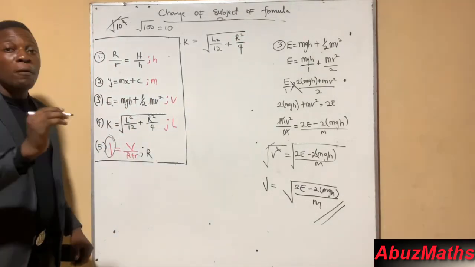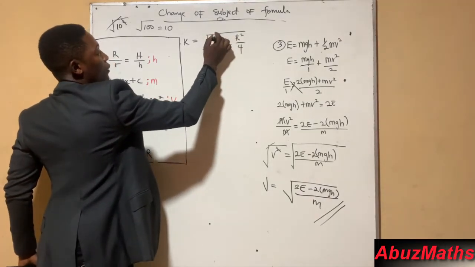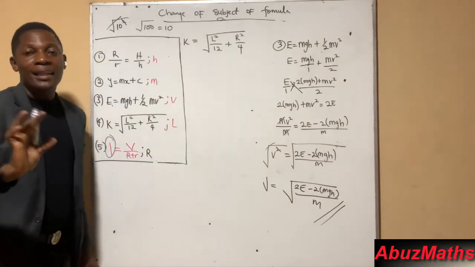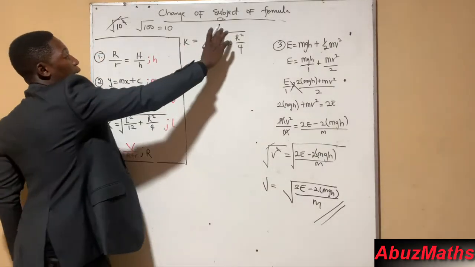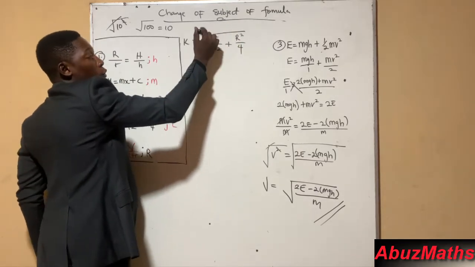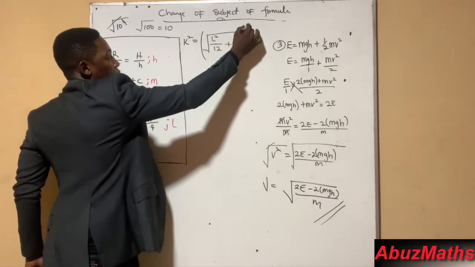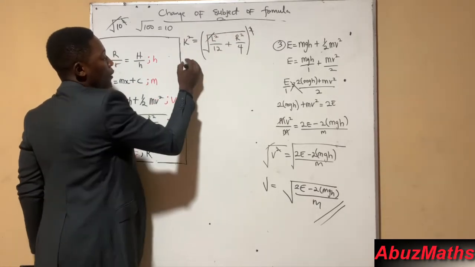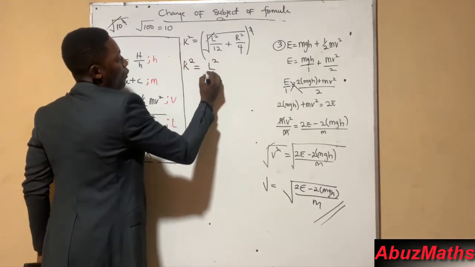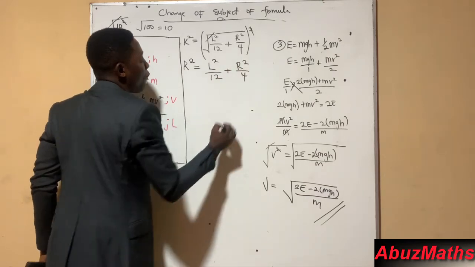Many people make the mistake of wanting to cancel this square and this square root. No, it doesn't work that way. You have to square everything here and square everything here for the square root to go. So you have k squared is equal to L squared over 12 plus R squared over 4.